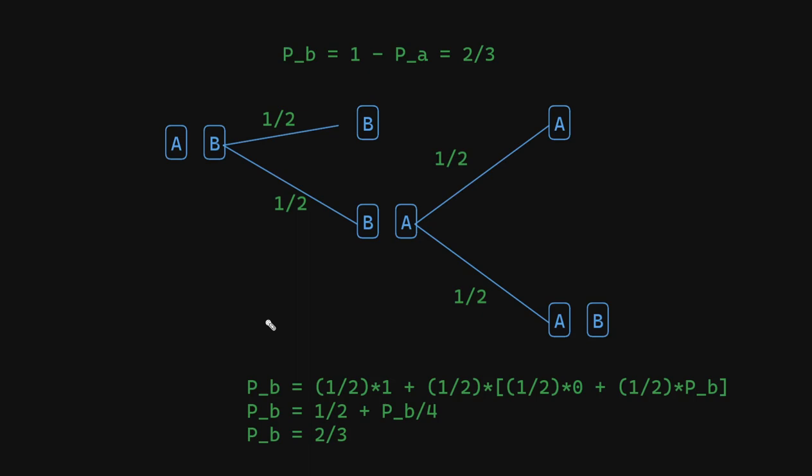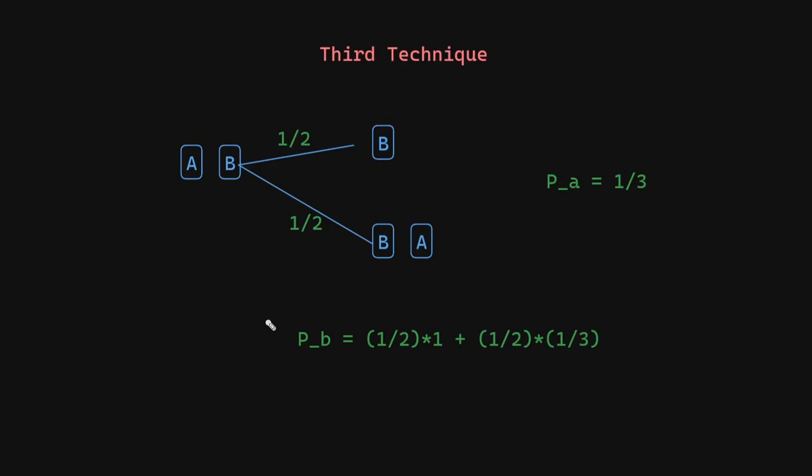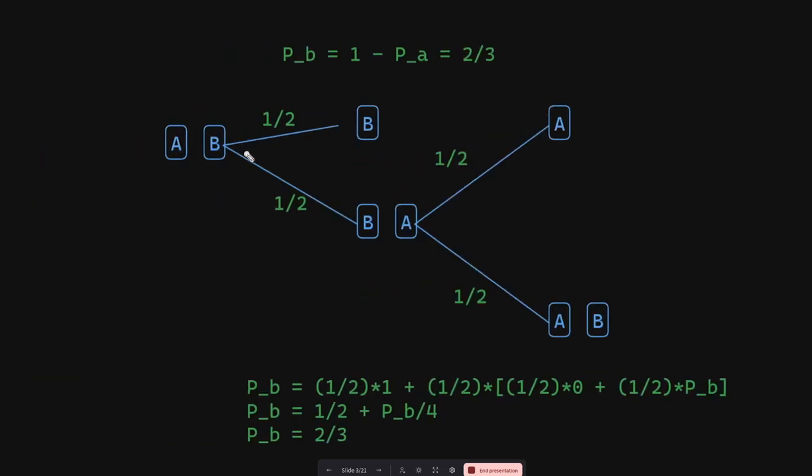But now let us look at a third technique that will eventually help us solve the original problem as well. And this technique is for computing P of B smartly, right? So if you observe this slide, we processed two rounds, right? On round 1 we inspected what would happen, and then we added the possibilities for round 2 as well, right?